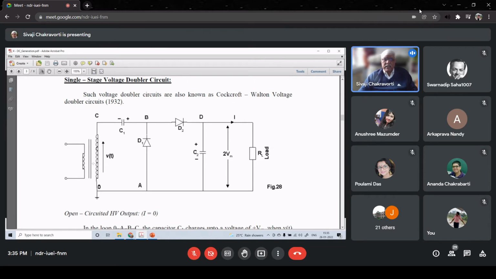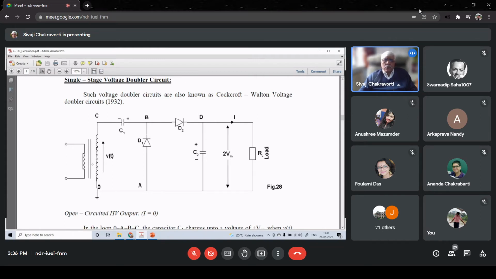And you will always find that there might be a small DC component, but that will be very small. So ignoring that part, we can say that this does not have the problem of a DC component of current flowing through the transformer, but it has one problem, that the currents are not symmetrical in the two half cycles.